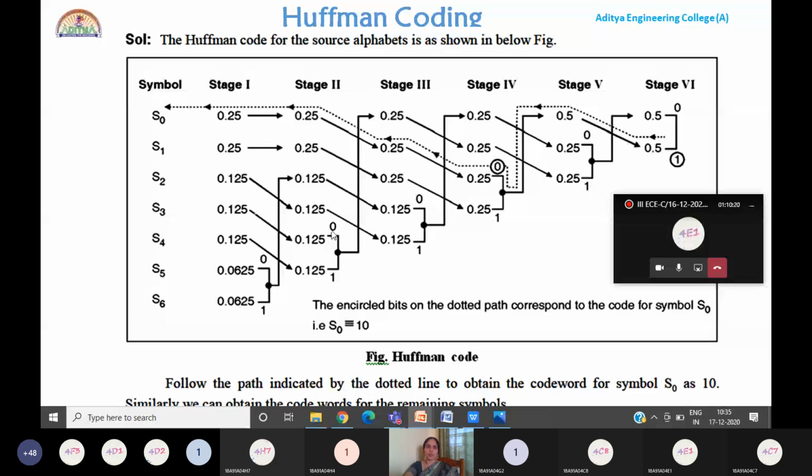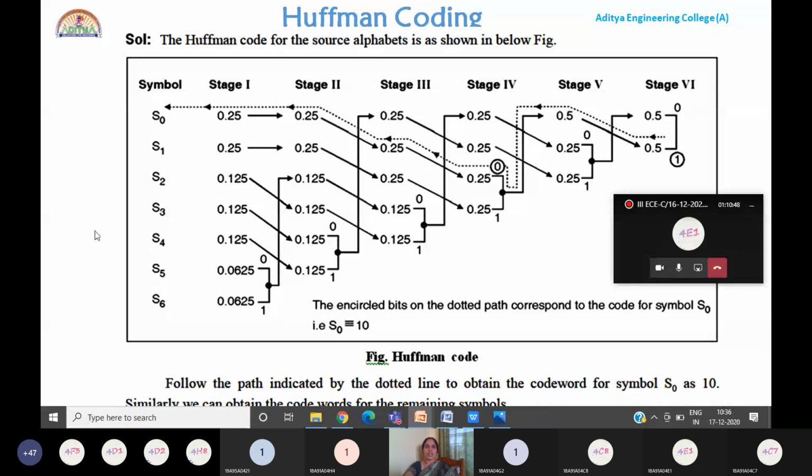S2 is in the 5th position. But here you have assigned value as 0. So write it somewhere, 0. Next followed by 0.25. Here no assigned value, so no need to consider. So next it is moved down. Here also no assigned value. Next it is moved down. It is 1. Next it is moved up. So it is 0. So how much for S3? 0, 1, 0.